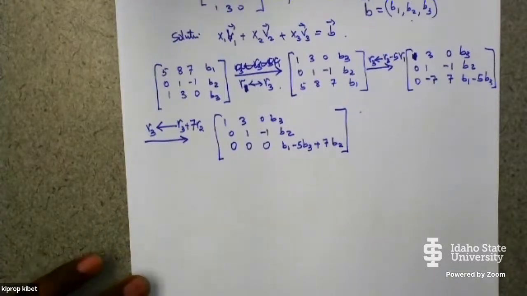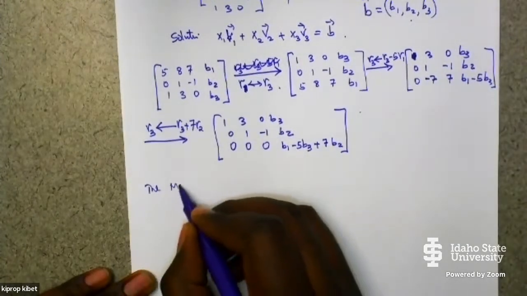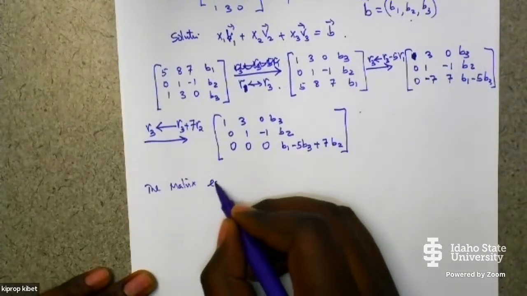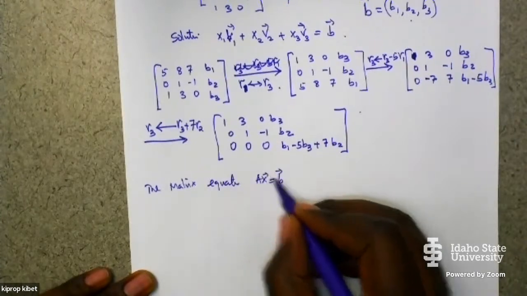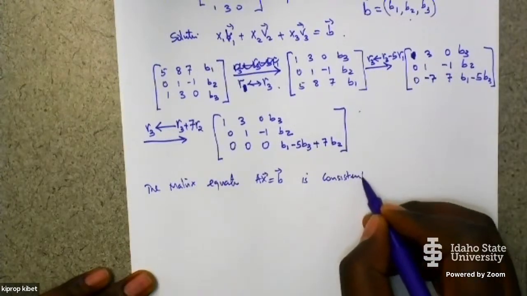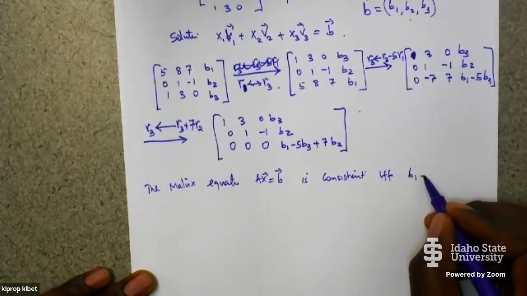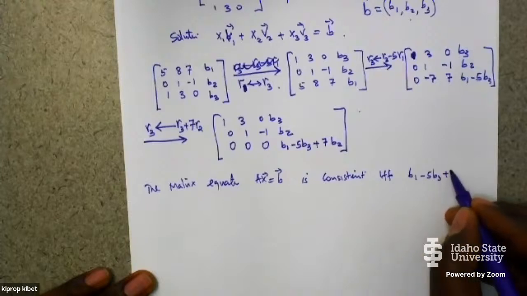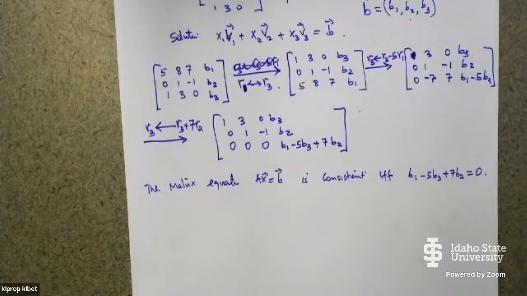So therefore, we can say the matrix equation AX equals B is consistent if and only if B1 minus 5 B3 plus 7 B2 equals 0.